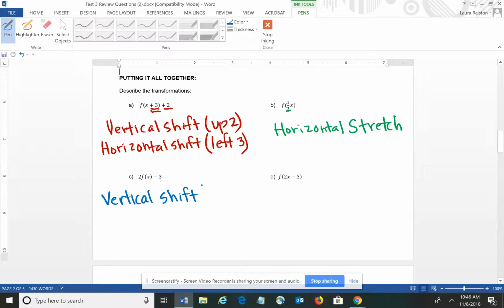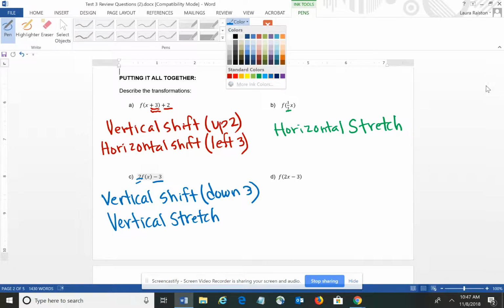And because it's minus 3, we're going to go down 3 units. The 2 that's in front of the f of x is going to affect the y value, and that's going to cause a vertical stretch, and it's a stretch, again, because the value is greater than 1.